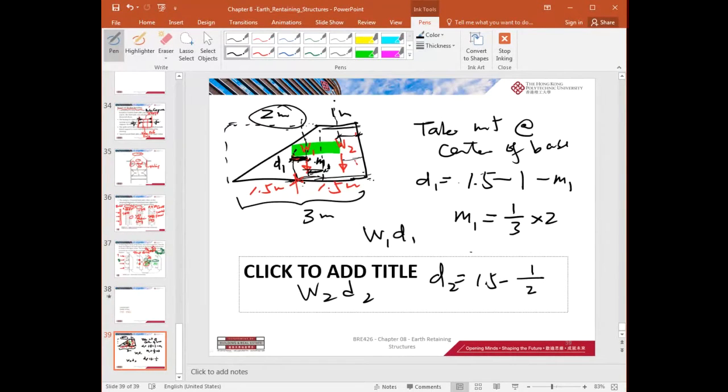So 1.5 meters minus 1 divided by 2 gives you the distance between this point and that point, right? So that is your D2, right? 1.5 meters minus this piece, right? Okay? Yes or no?